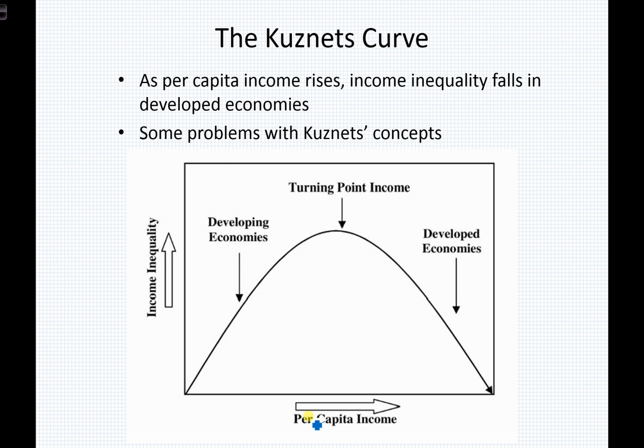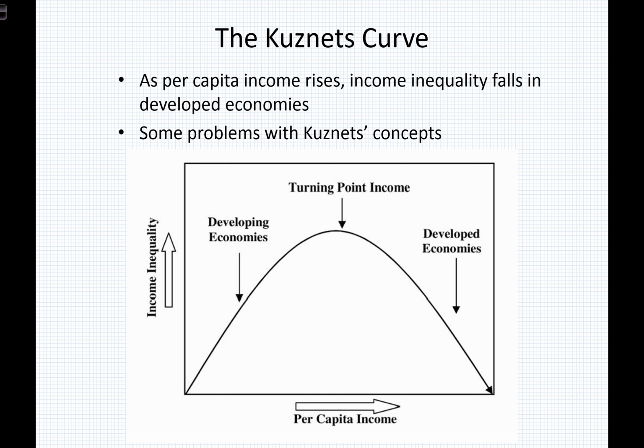And beyond that, per capita or average income gains begin to represent lower levels of income inequality. So as we get wealthy enough as an economy, we take and use some of our per capita income, distribute it more widely, and use it in a more egalitarian way.